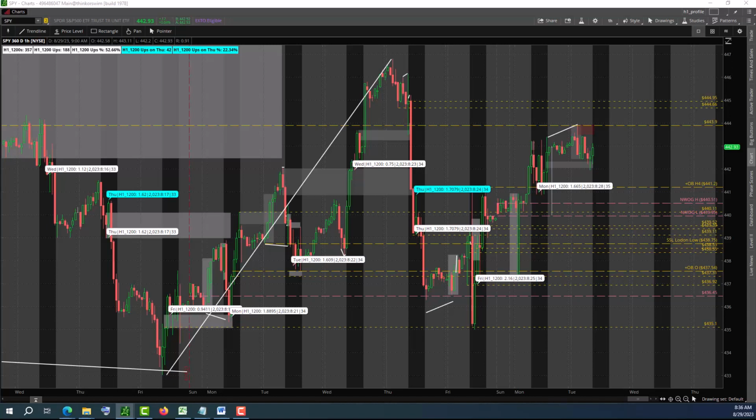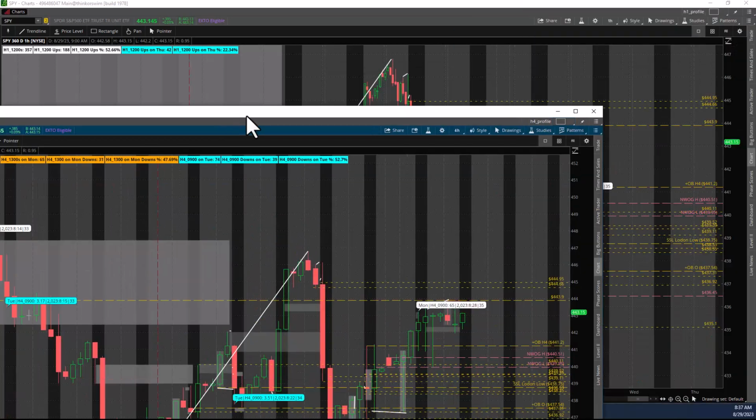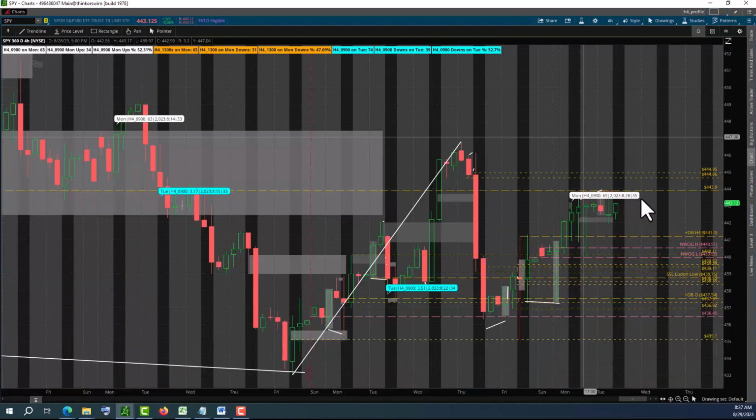Let's look at the 4-hour time frame. It's similar to the lower time frame, right?